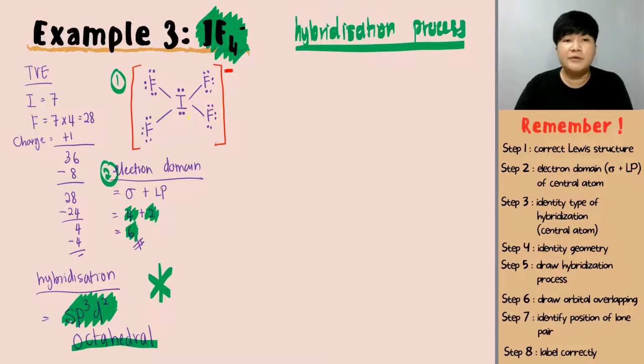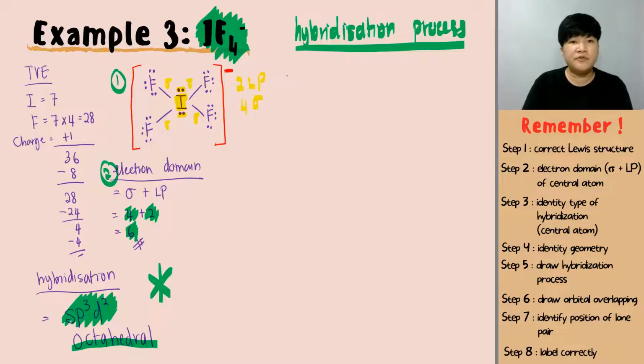Before we go for the hybridization process, let's take a deep look into your Lewis structure. Your Lewis structure has 4 sigma bonds and 2 lone pairs. So what do you think the hybridization process will look like? Let's see.